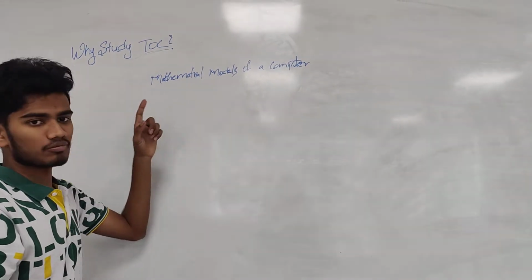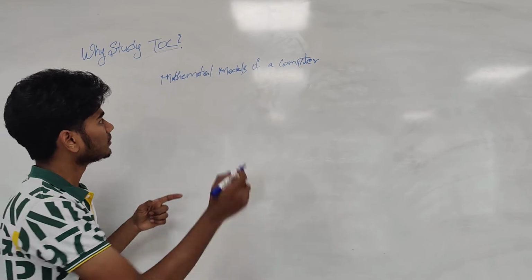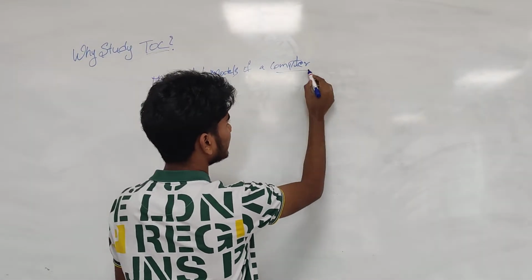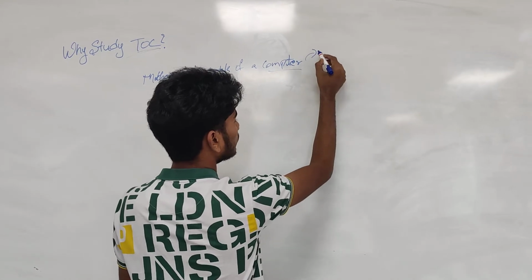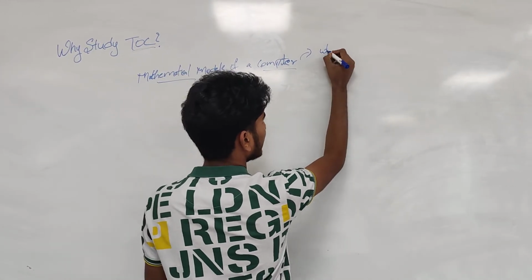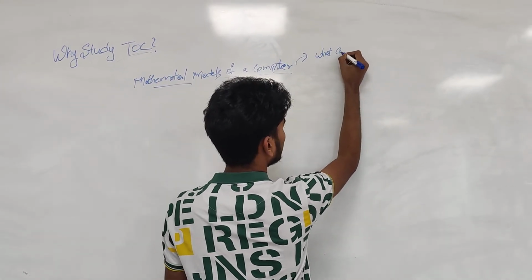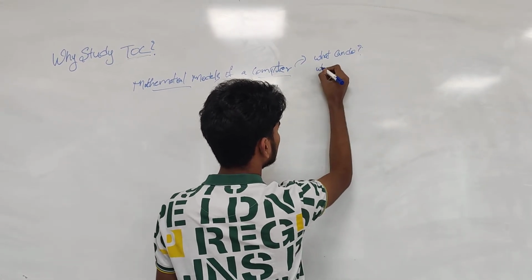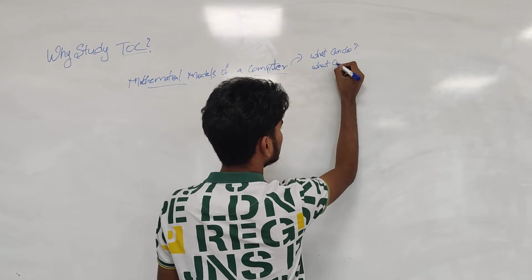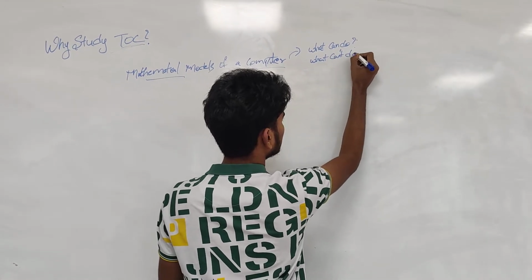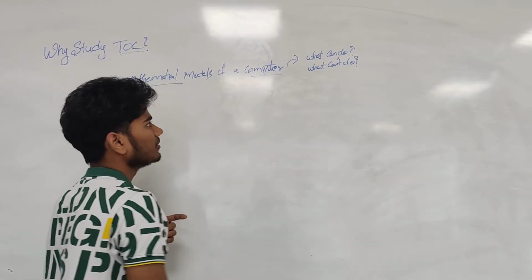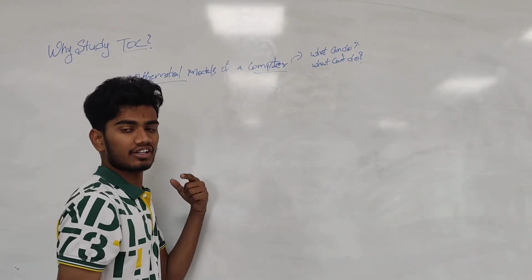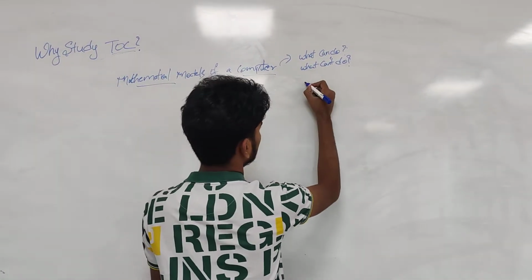It will be easier for scientists to know the mathematical models, and they can easily find out what computers can do and what computers cannot do. And we can also find how efficiently the computer can solve the problems.